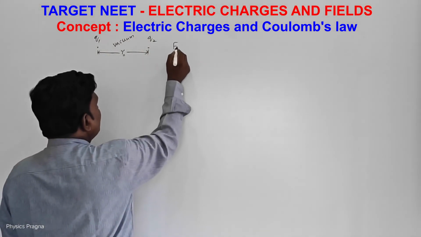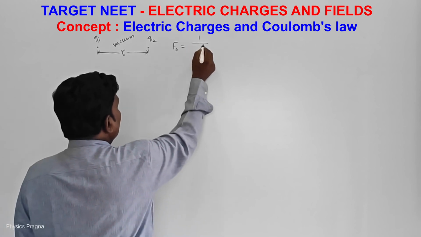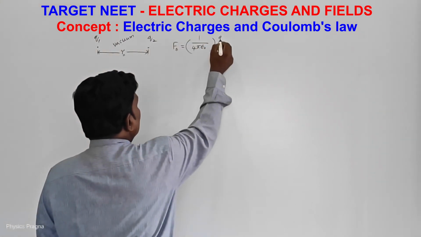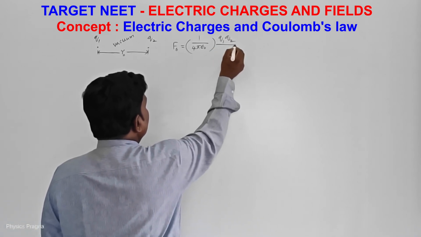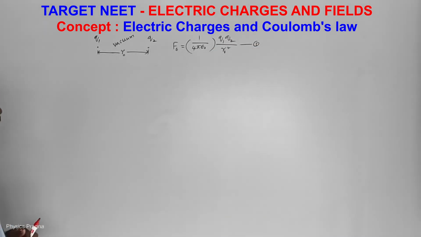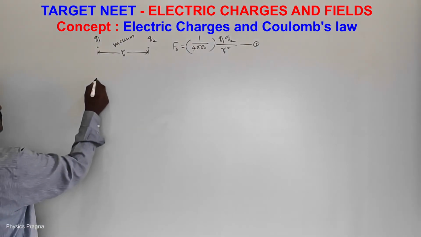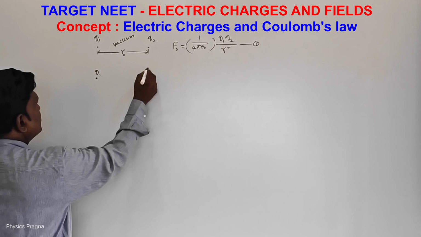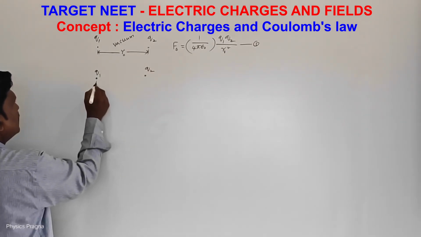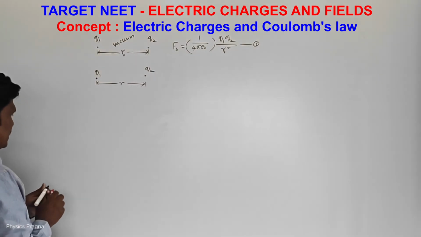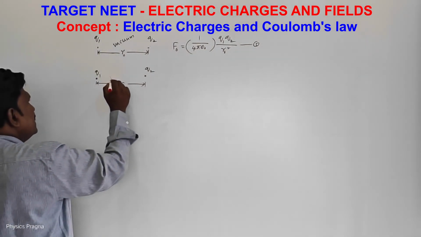So the force between them in this case is 1 by 4 pi epsilon naught Q1 Q2 by R naught square. Now this is Q1 charge, this is Q2 charge, and the distance between them is R, because some medium is there.